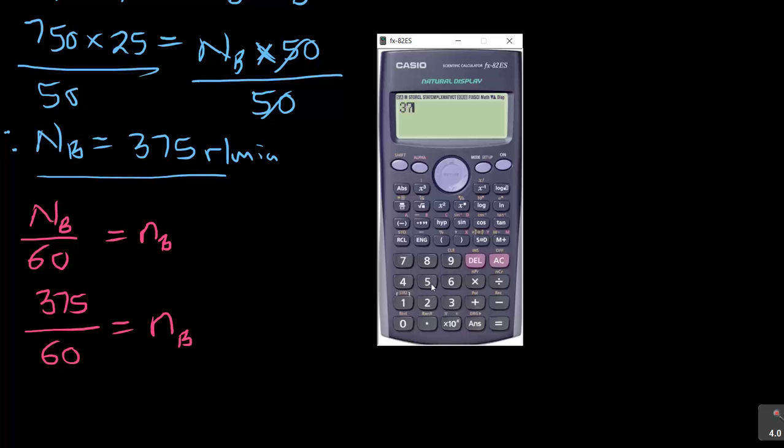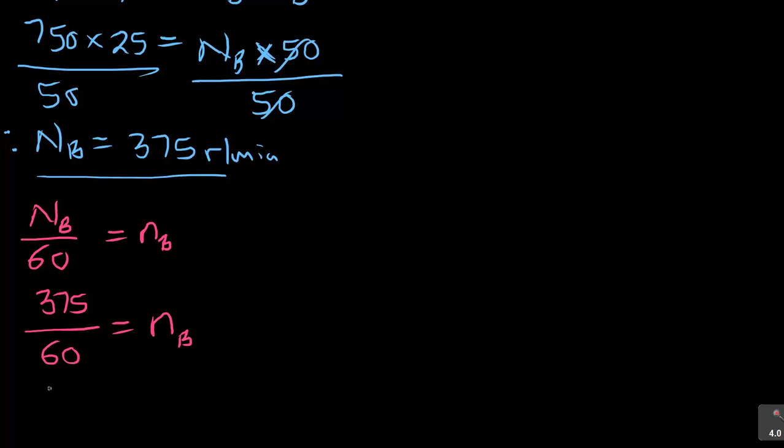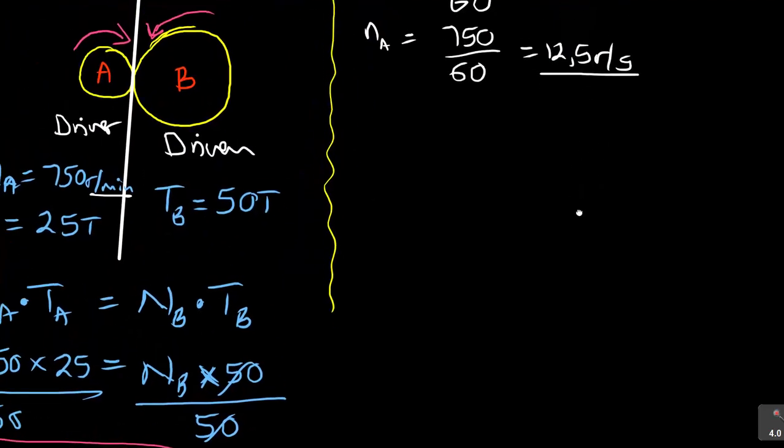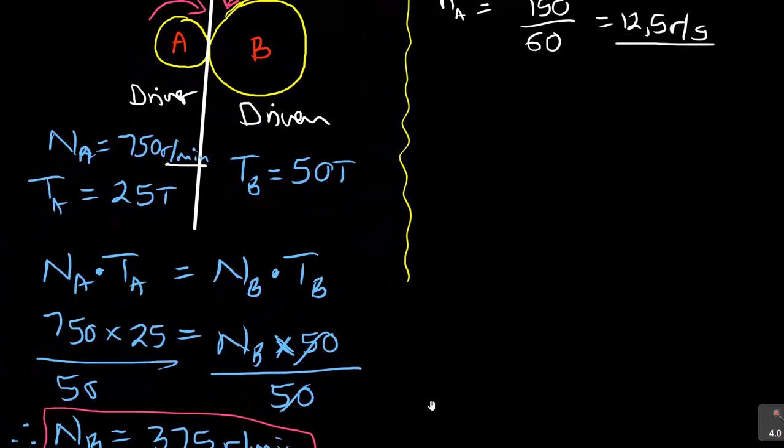So it's 375 divided by 60, and then you're going to get 6,25. So NB is equal to 6,25. Look at the units, rotation per second. So you can leave your answer like that, or you can leave your answer like that. It's still the same, whichever way it was going to give you the same answer. So that is the first question.